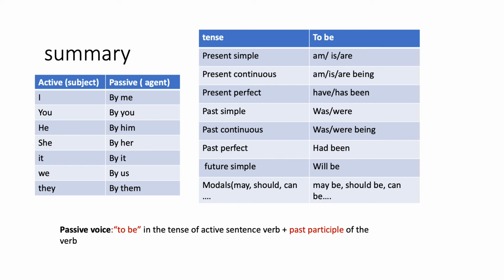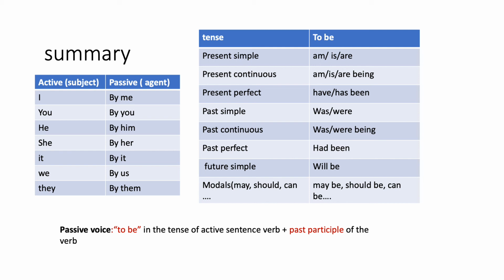Present continuous: is or are, depending on the subject of the sentence, plus being. This is the present continuous of to be. All these formulas are followed by the past participle of the verb. So don't forget the past participle of the verb when you form the passive from the active.